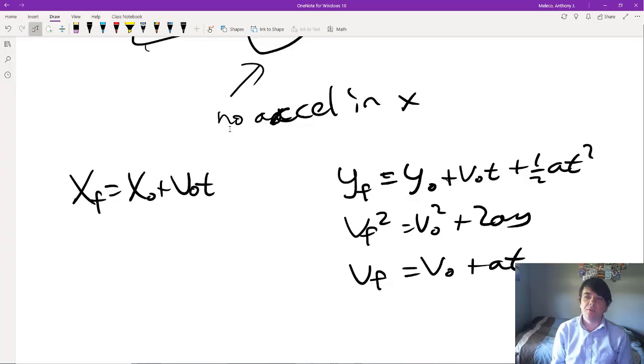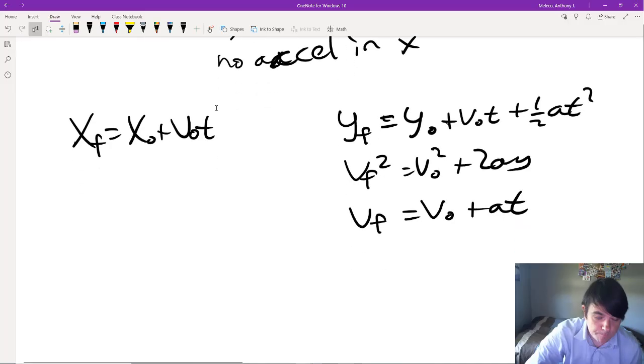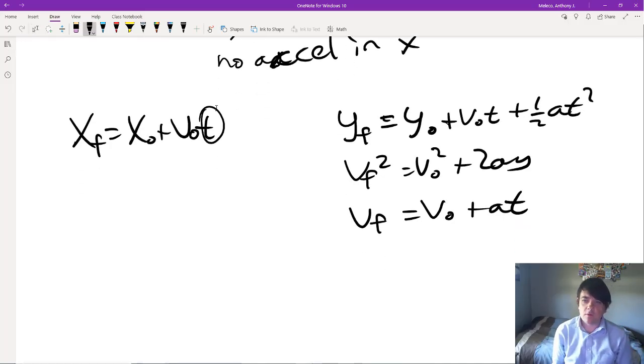But there's still a couple things that are of concern. Now, the time it takes for the motion to be complete will be the same. In other words, if I throw a ball up and down, it goes up and down and hits this spot right here the same time it takes for it to go to the right and hit that spot. So time will be the same in both equations.